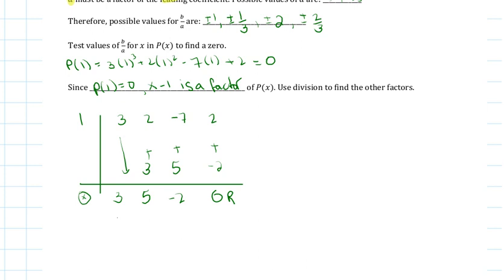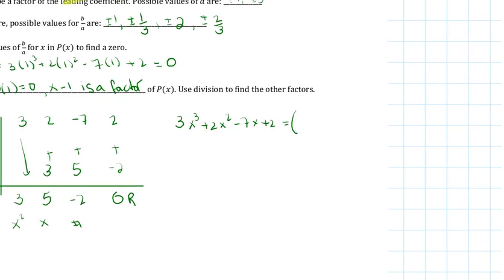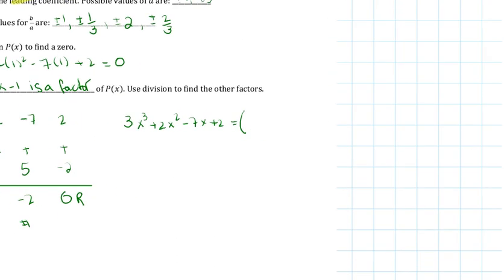So what I have here is x squared, x, and the number. So 3x cubed plus 2x squared minus 7x plus 2 is equal to x plus 1, or was it x minus 1?